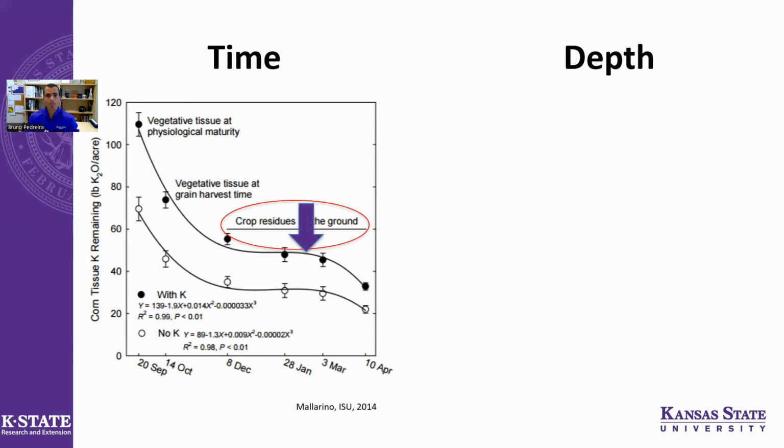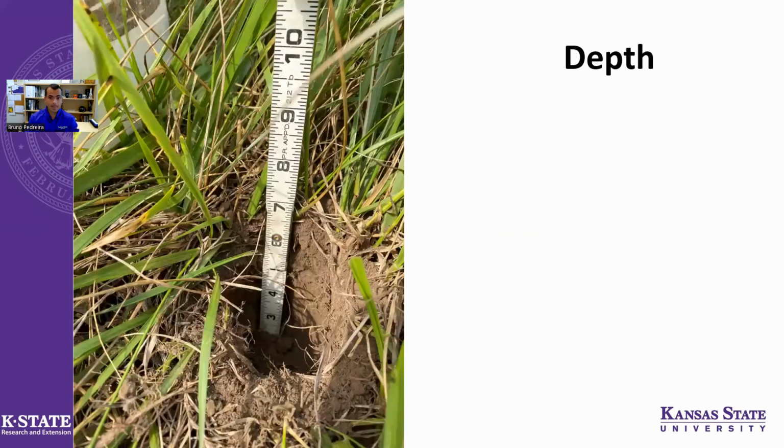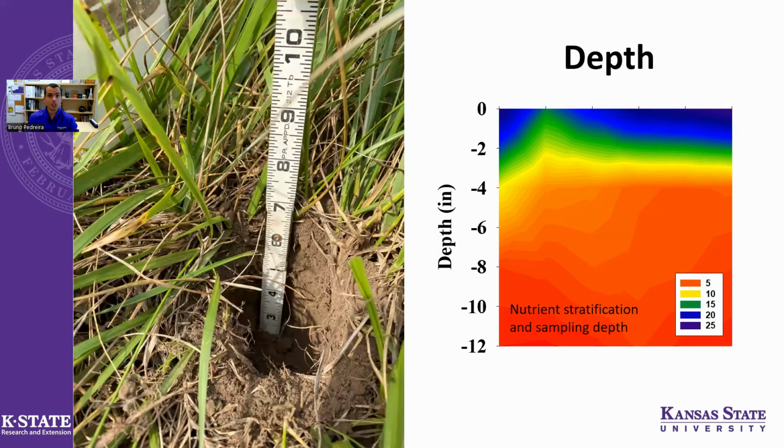Also, if you are considering depth, we already mentioned that 0 to 6 is the most common one that we have been using for most of our fields. And we need to know that, throughout the layers in the soil, we have differences in nutrient concentration. So if you take a 0 to 6, let's assume that you're going to have a number like 15 ppm. But if instead of 0 to 6, you are getting tired and you start to take 0 to 4 soil samples without realizing it, you can end up with a number like 22 ppm.